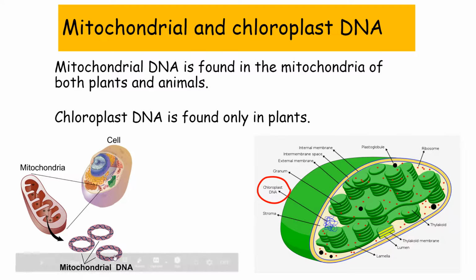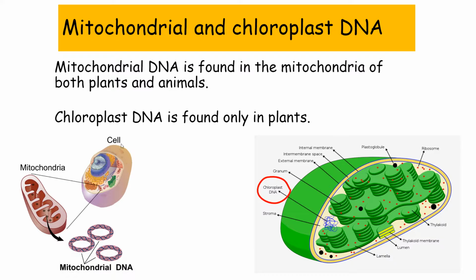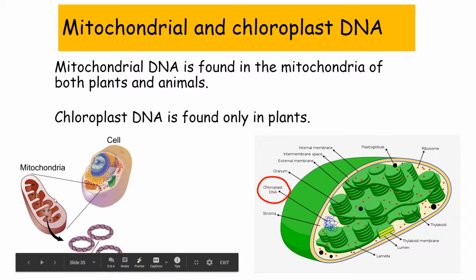If you have a look at this diagram here, you will see that we've got our cell, which looks like an animal cell, but it could just as easily be a plant cell. Both have mitochondria, and within that mitochondria, they also have some DNA, and you can see it is circular. So they have this circular DNA within their mitochondria.